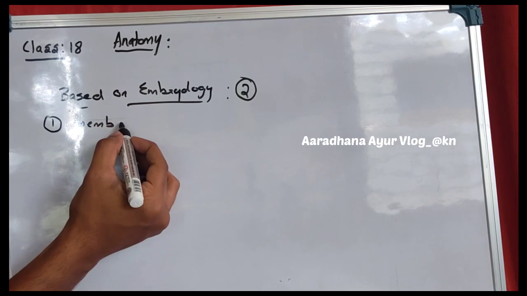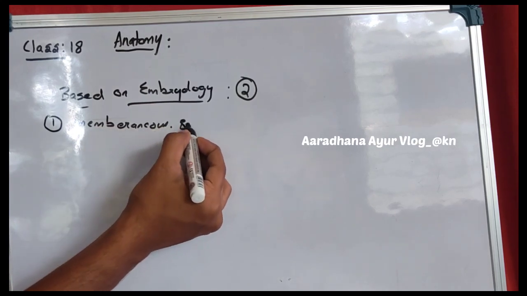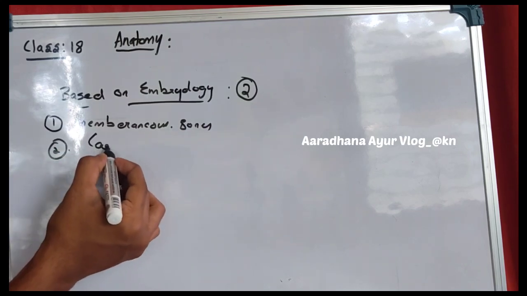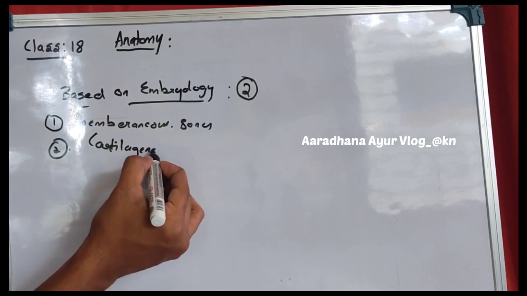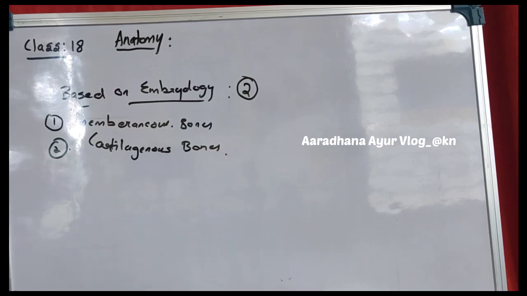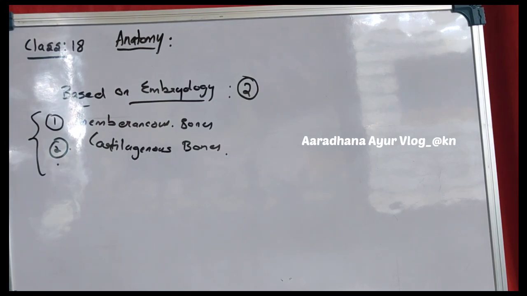First one is the membranous bones, second one is the cartilaginous bones. So just remember the names and how they are formed.